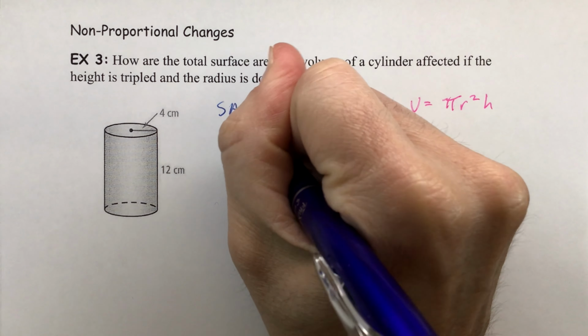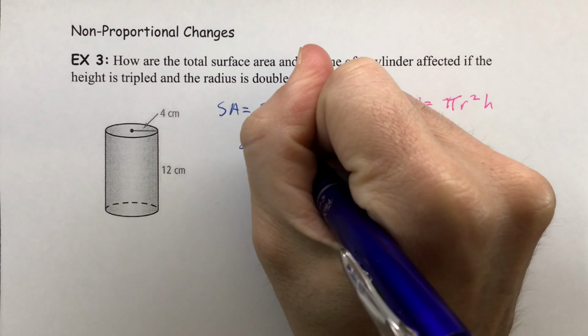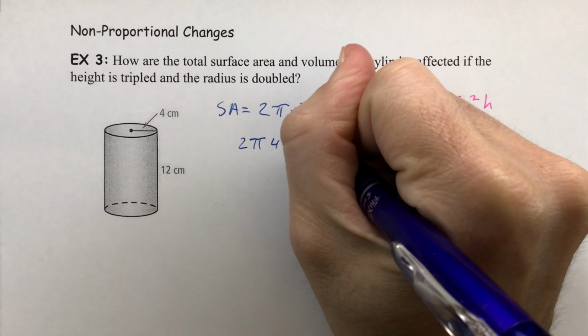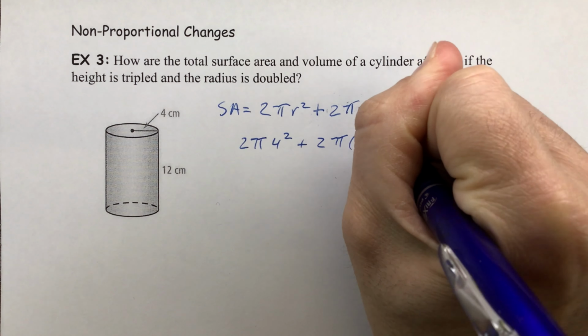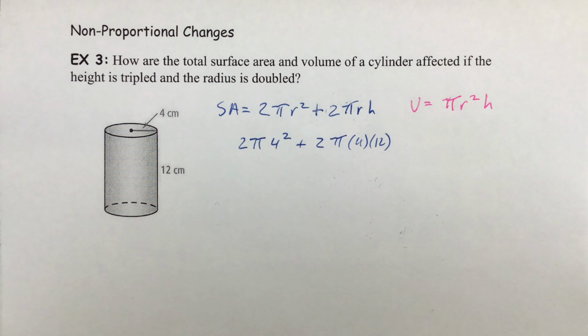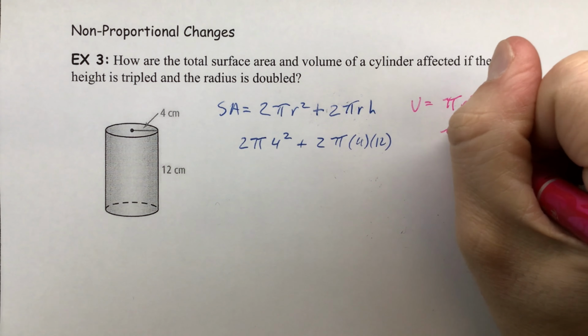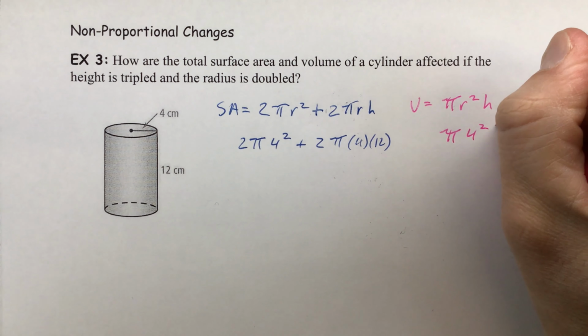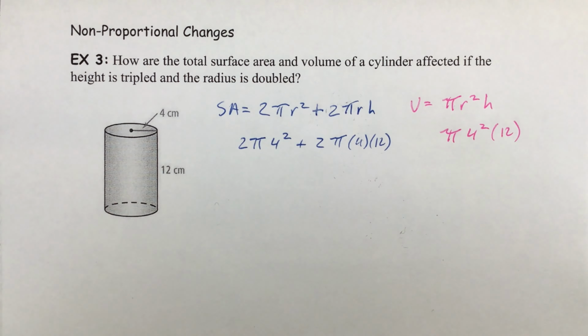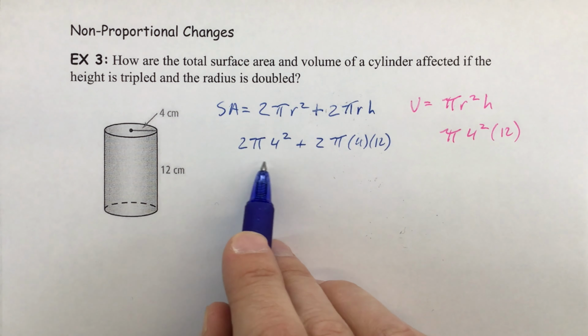Okay, so let's calculate these with the dimensions that we have. We've got 2 times pi times 4 squared plus 2 times pi times 4 times 12. For the volume, that'll be pi times 4 squared times 12. Now, some of this can be done in mental math.